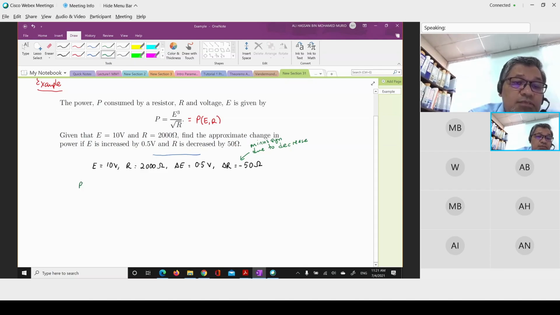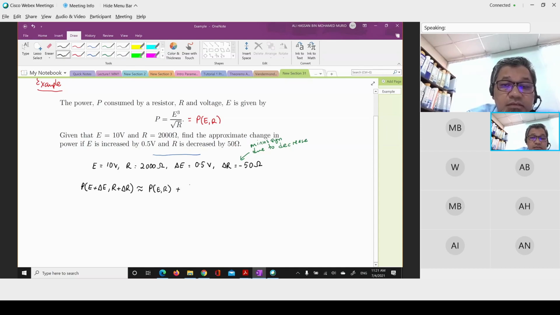That means we want to calculate P. Use the formula that we have discussed just now, using the appropriate symbols here. P of E plus delta E, R plus delta R is approximately equal to P of E, R plus partial P over partial E evaluated at (E, R) times delta E plus partial P over partial R evaluated at (E, R) times delta R.